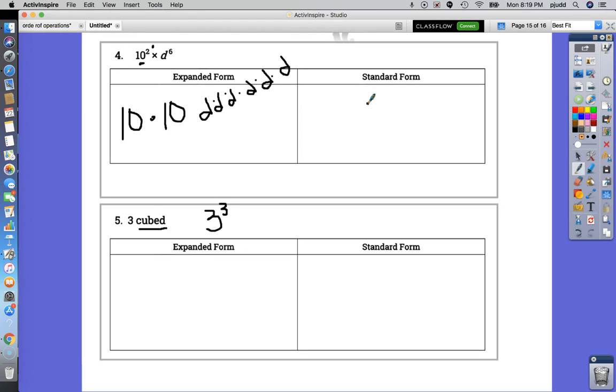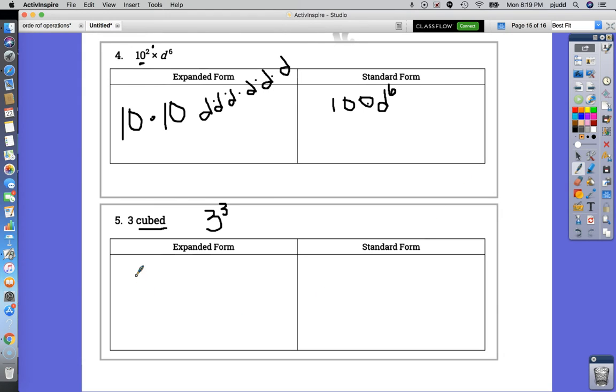Standard form. 10 times 10, that's 100. D to the sixth power. I don't know what D is, but I know that it's multiplied 6 times, so this is going to stay D to the sixth power.